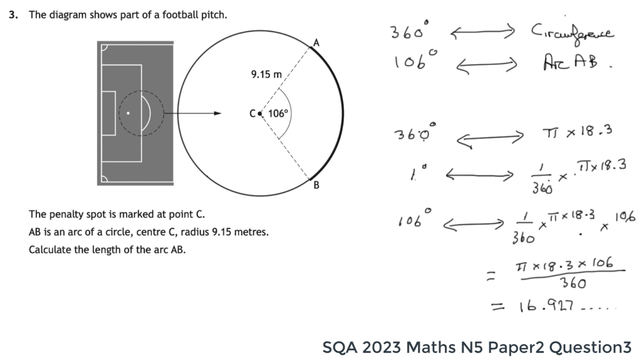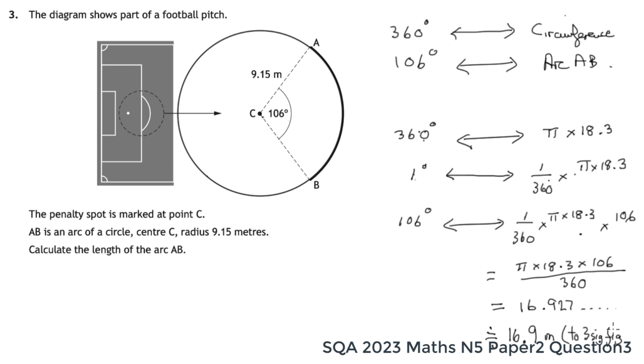Now, what does the question ask us concerning accuracy? Calculate the length of arc AB. It doesn't say anything about accuracy, so we'll need to approximate this, and usually it's 3 significant figures, so 1, 6, 9, chopping a 2 off, the 9 stays as it is. So we'll say it's 16.9, measurements are in metres, and that's to 3 significant figures.